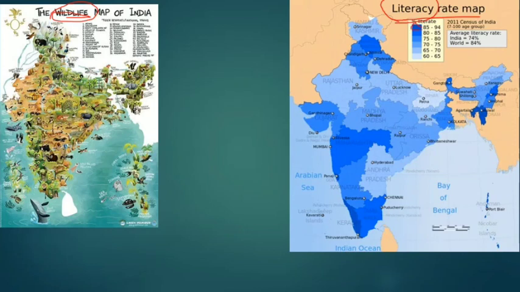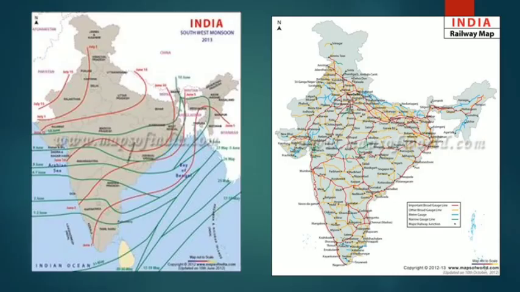If you see the legend, the map key, 85 to 94, this color, so literacy rate is more here. It is a thematic map. The specific topic or information designed in this map is literacy. Hope you understand, children, about the types of maps.